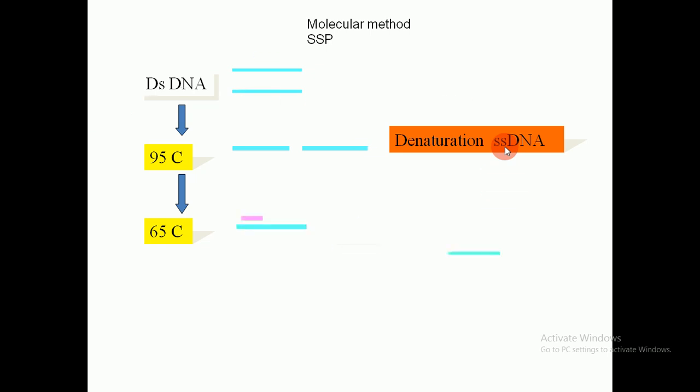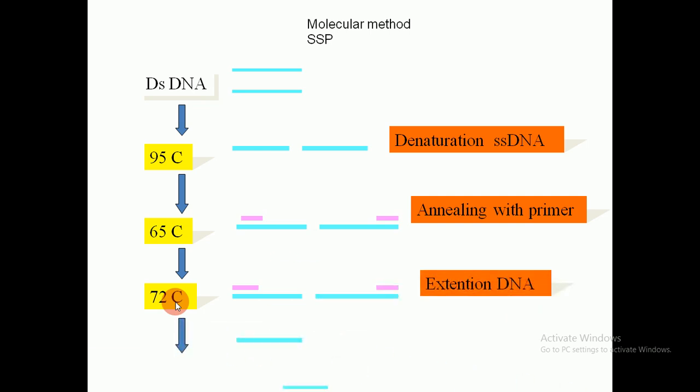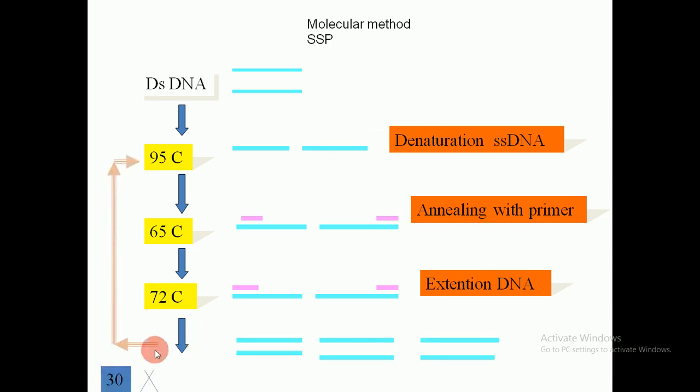Then we decrease the temperature to 65, and there is annealing of the primers, and then we increase the temperature to 72 centigrade, and there is extension of the DNA, with multiple copies due to repeating this process 30 times.